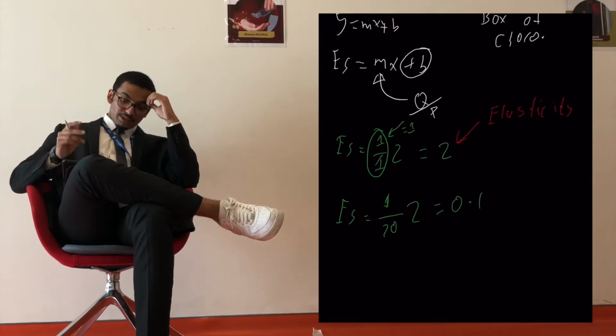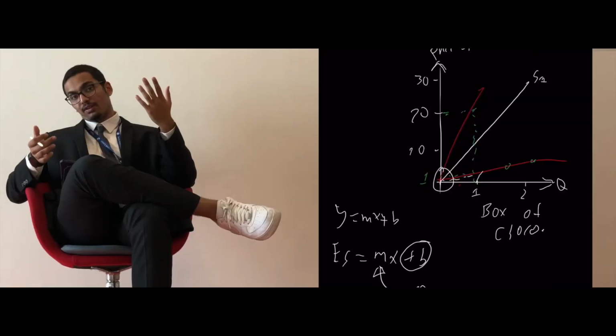As I told you before, price inelasticity happens when the value is between 0 and 1, and our value here is 0.1, which means it's inelastic. So here is a small explanation of price elasticity and inelasticity of a supply curve.